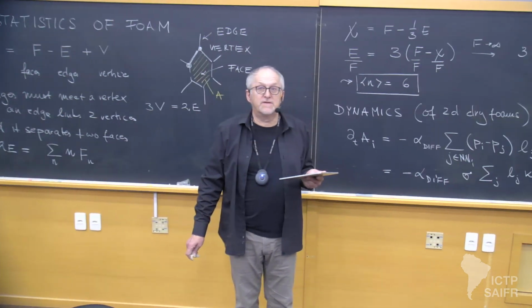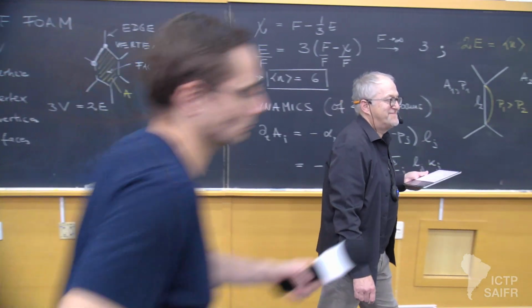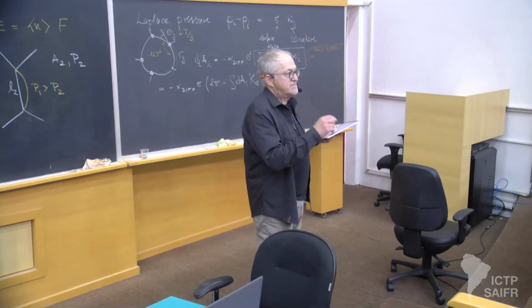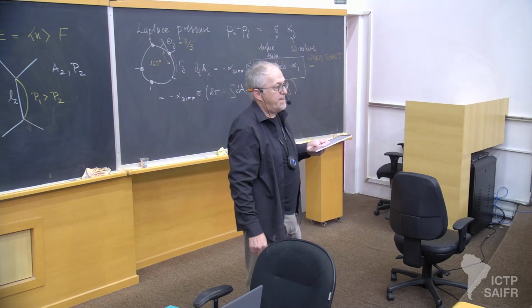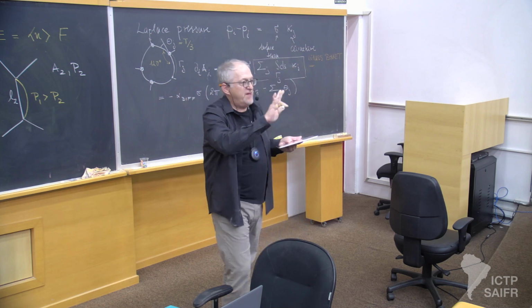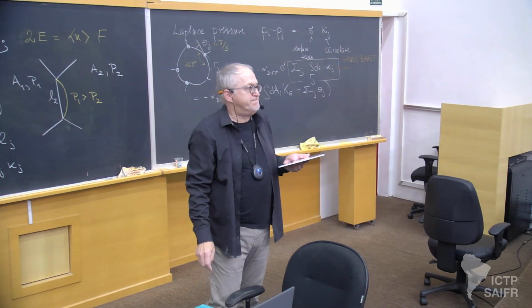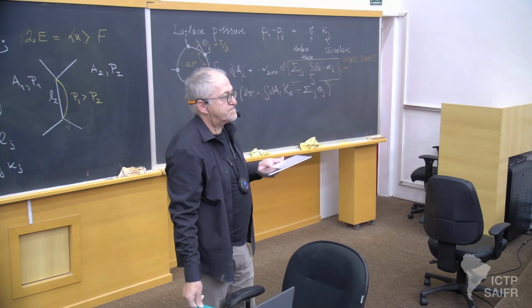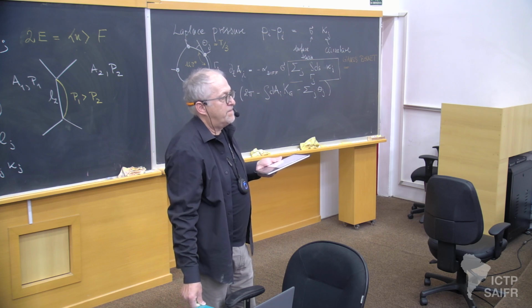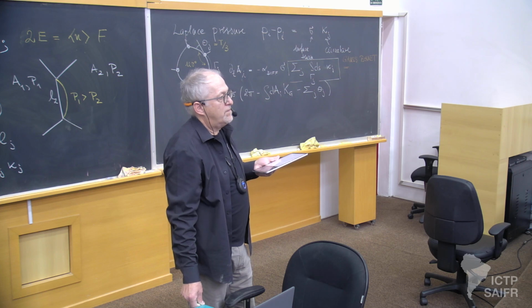Other questions? Veronica? I think it was related to that comment. So when you talk about Euler's relationship, that's for any tessellation in 2D or 3D, right? Yeah, 2D for now, because 3D is a bit tricky. But then you show the foams, and then you say, okay, you're going to get 120 because the tensions are the same. But topologically, it's not really the case that 3 edges must meet at a vertex. You could have topologically 4 meeting or something like this.